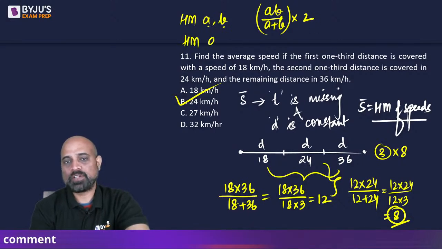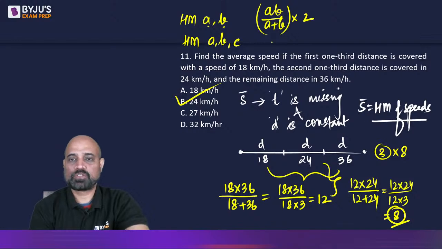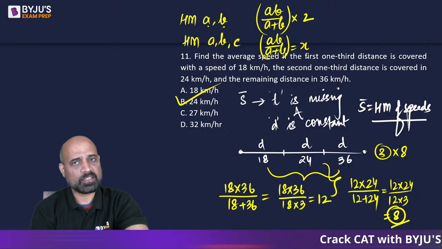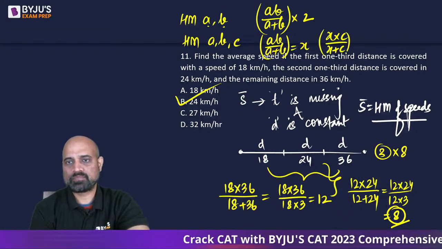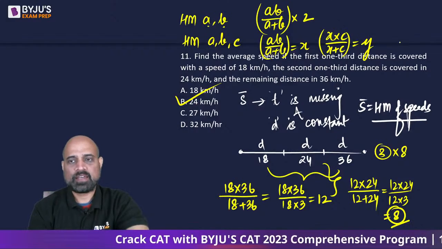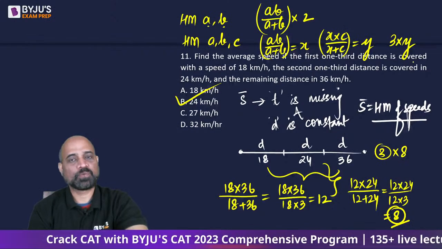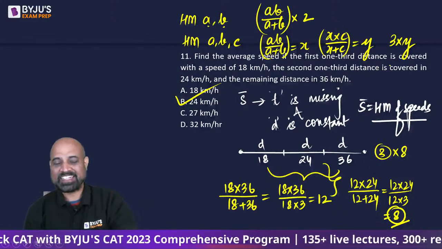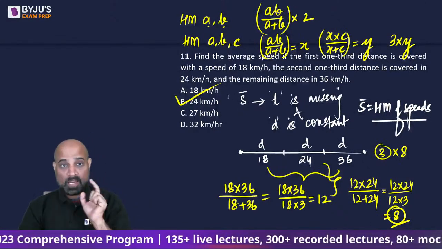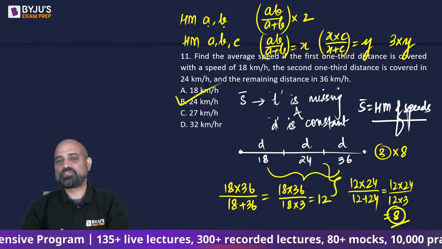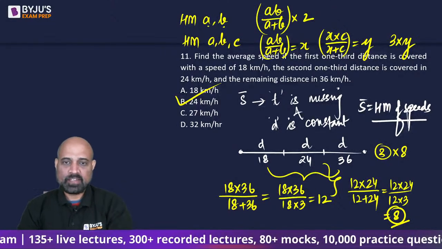Suppose if you want to calculate harmonic mean of 3 numbers, so what you will do is you will do AB by A plus B. Suppose this is X. Then you will do X into C by X plus C. Suppose this is Y. And then you will do finally 3 times Y. So repeated or successive same calculations. Last में you are going to multiply it with the number of values that you have. ठीक है?